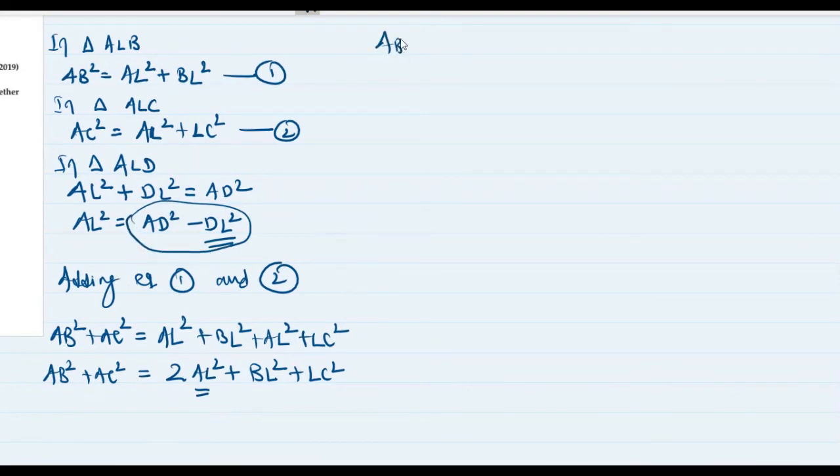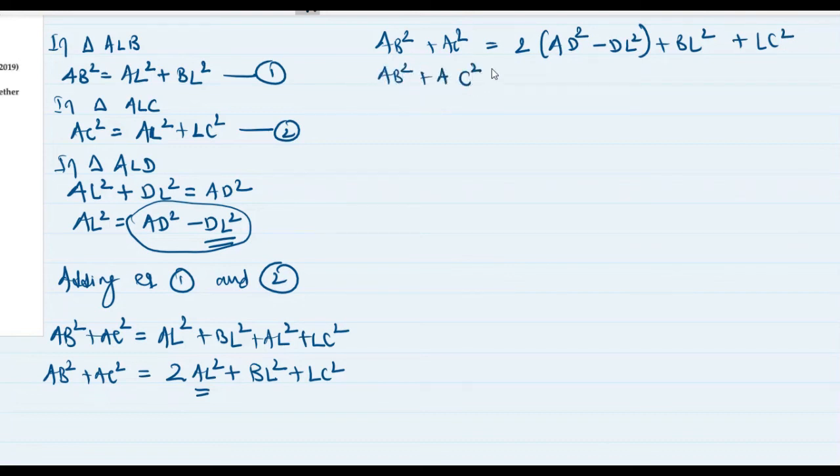So AB square plus AC square is equal to 2 bracket AD square minus DL square, plus BL square plus LC square. So AB square plus AC square is equal to 2AD square minus 2DL square plus BL square plus LC square.